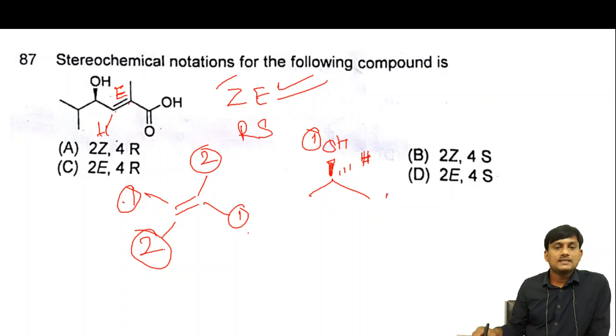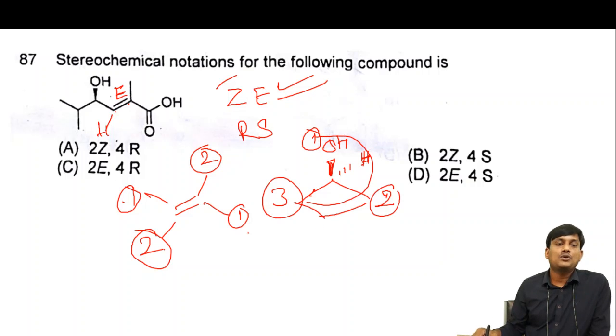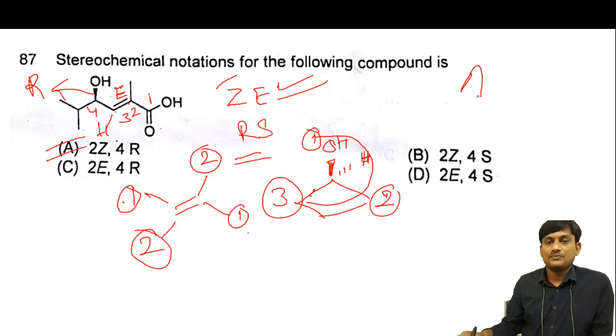So this one gets second priority, this one third priority. So when you connect 1, 2, 3, what is the direction? The direction is clockwise. So R is the configuration. When you give numbering 1, 2, 3, 4, at the second position Z and at the fourth position R. So A is the correct option.